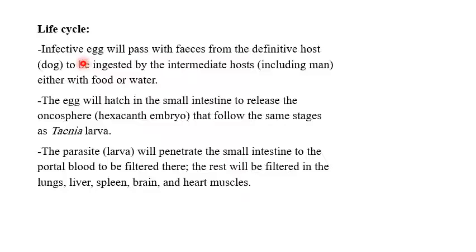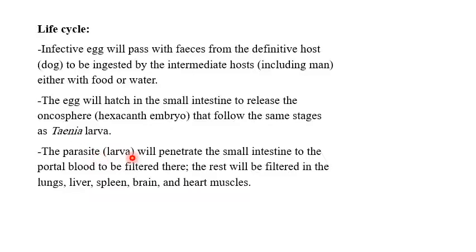Life cycle. The infective egg will pass with feces from the definitive host, dogs, to be ingested by intermediate hosts, including man, either with food or water. The egg will hatch in the small intestine to release the oncosphere, the hexacanth embryo, that follows the same stages as Taenia larva.